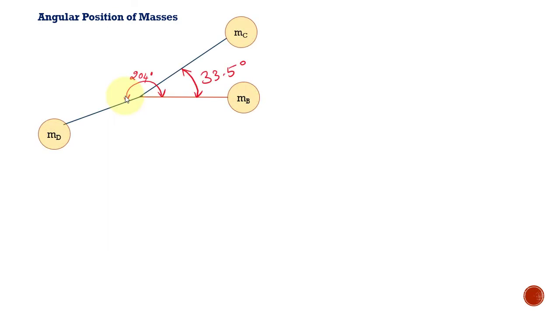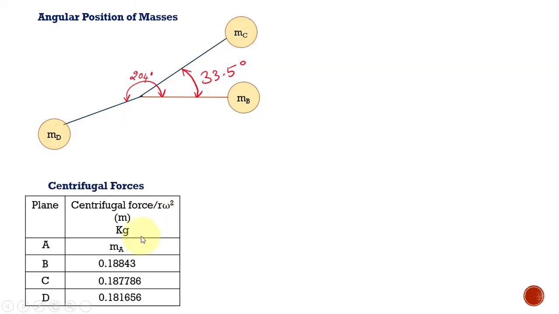Now let us see how to construct the force polygon, because we need to calculate the value of mass A and its angular setting. I'm just going to use the same angular positions of masses. We have determined the angular settings of MC as well as MD, and these are the centrifugal forces. These are all the things required for us to construct the force polygon.